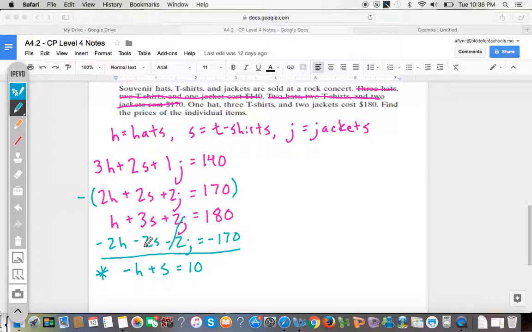So now what I'll do, I'll use this second equation again down here. So let me rewrite this over here. I have H plus 3S plus 2J equals 180. And I'll multiply this equation right here. Again, I need to cancel out J because that's what I did for this equation. I'll multiply this by negative 2. So if I do that, I get negative 6H minus 4S minus 2J equals negative 2 times 140 is negative 280.